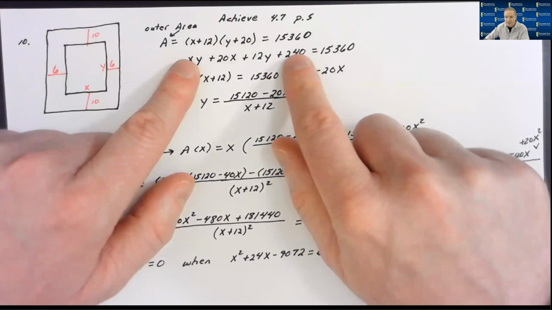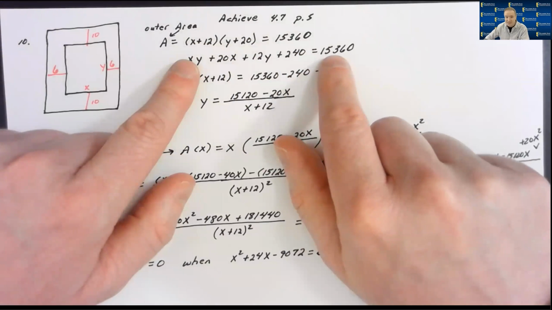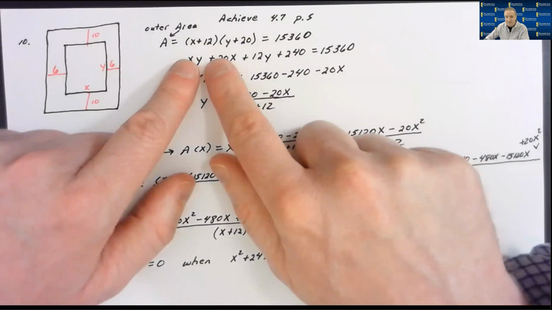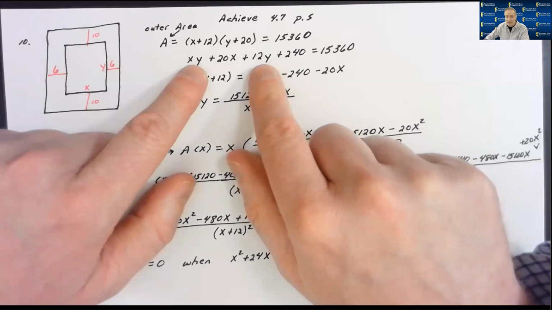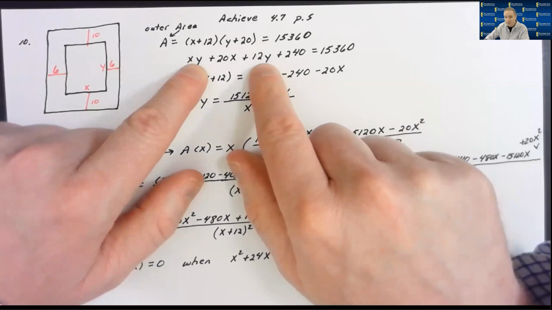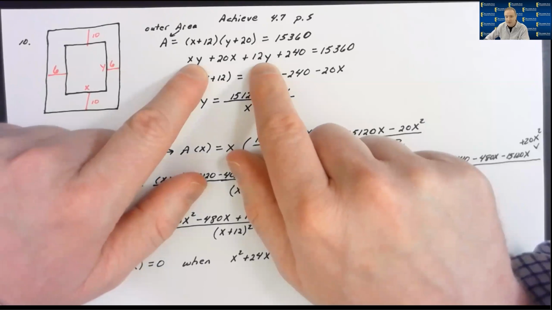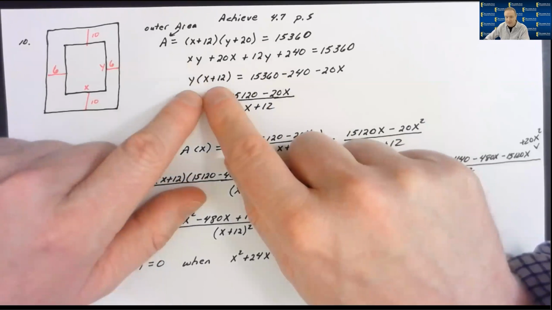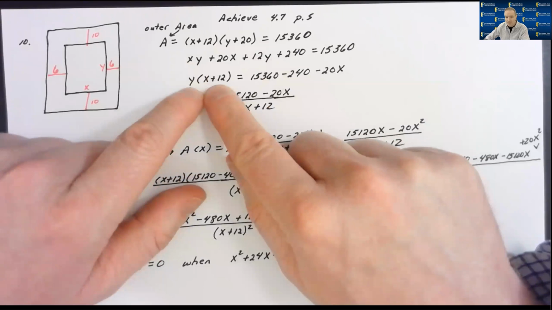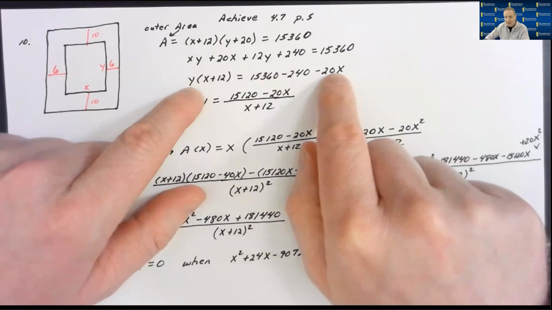In this step, I said 15,360 minus 240 minus 20X on the right, and on the left, I kept these two terms, XY plus 12Y. Then you can factor a Y out of that group and you'll have X plus 12 left over. That's precisely what I did. I kept all Y terms on the left, factored the Y out, and then put every other term on the right-hand side.